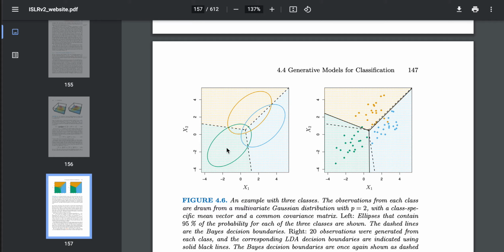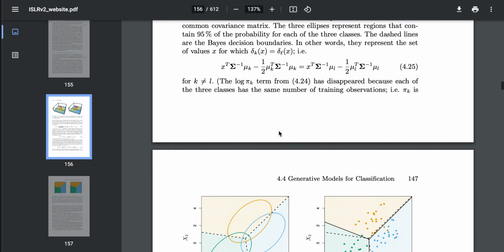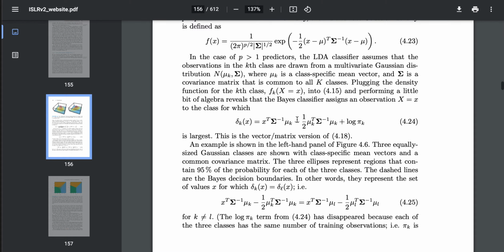Just the means are different, and these become the decision boundaries. So for any combination of x1 and x2 that is in this area, the discriminant function for blue is going to be the largest. Now, as we saw before, these parameters, we don't know them.